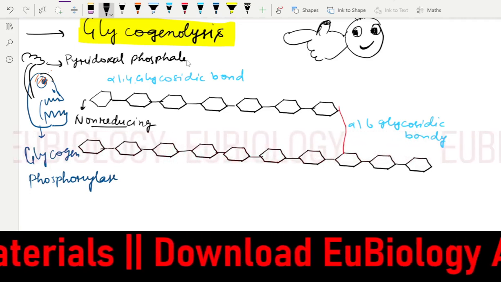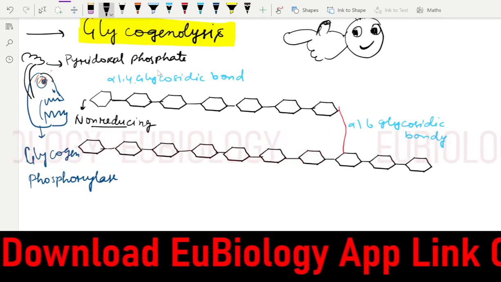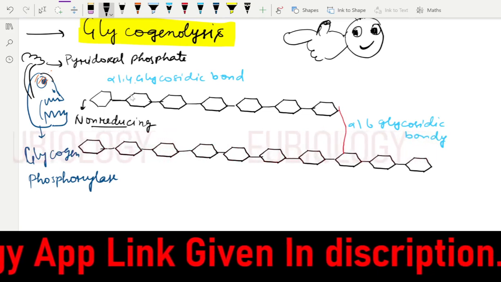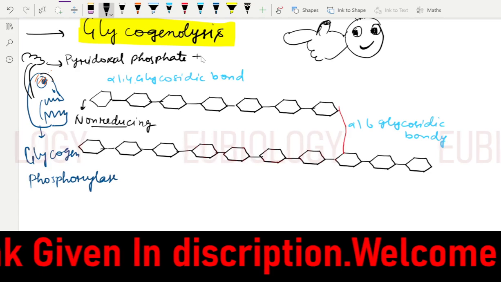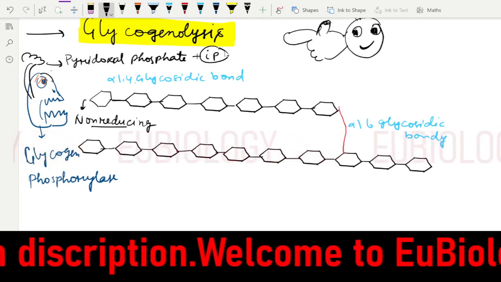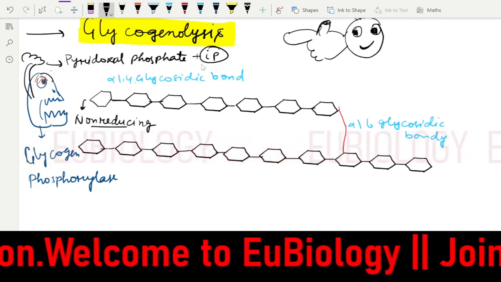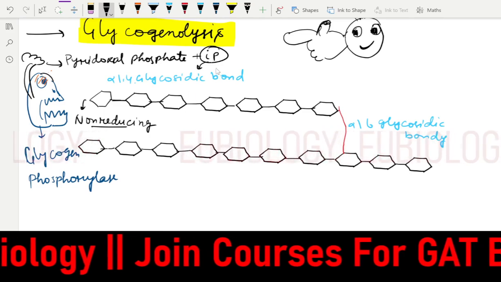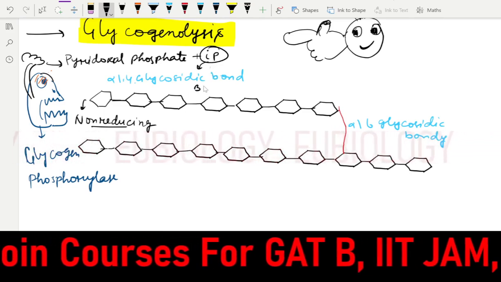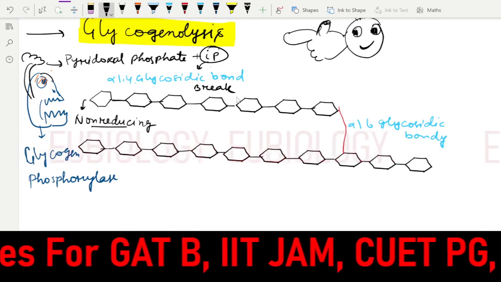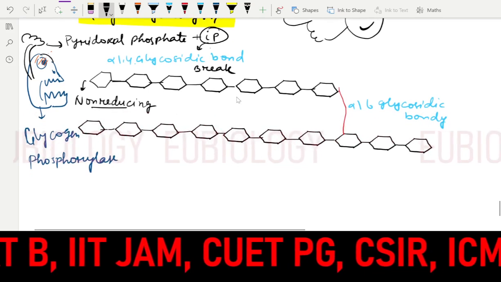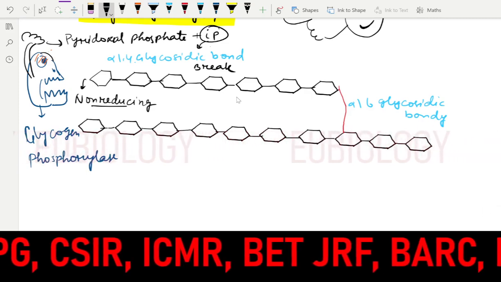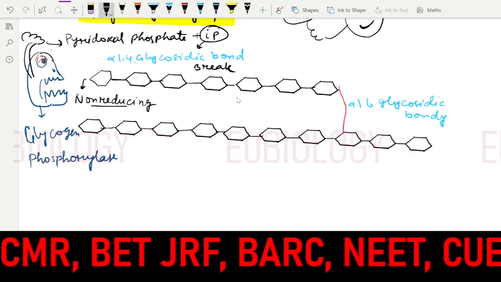The glycogen phosphorylase requires the pyridoxal phosphate, which will activate the inorganic phosphate to break this alpha glycosidic bond. So finally, the pyridoxal phosphate helps the glycogen phosphorylase to break the alpha 1,4 glycosidic bond.